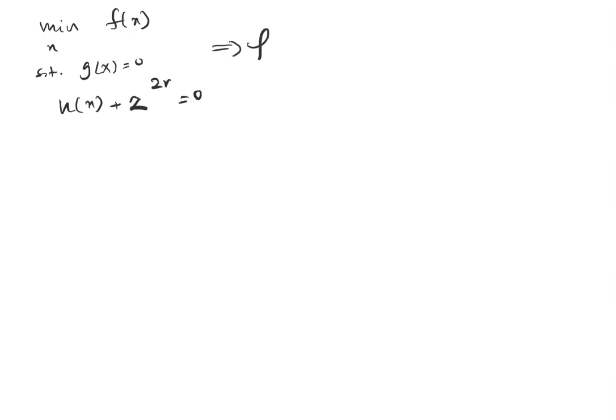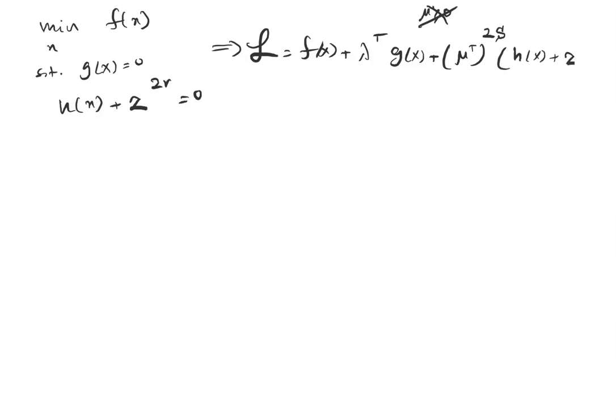So our Lagrange function is f of x plus lambda transpose g of x plus mu transpose. Actually, for the mu's, we do the same thing to make sure our mu's are positive. So we also get rid of the constraint that mu should be greater than or equal to 0: h of x plus z to power 2r. So we have two changes, one for z, one for each of our mu's.